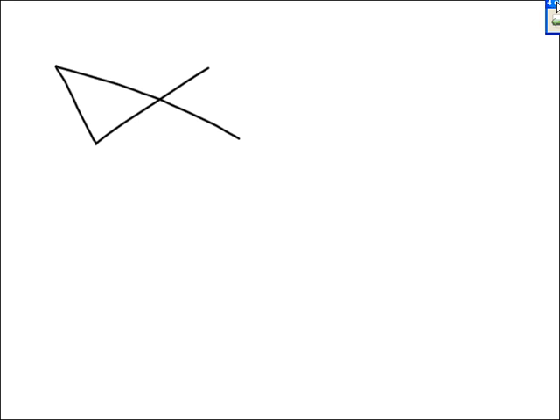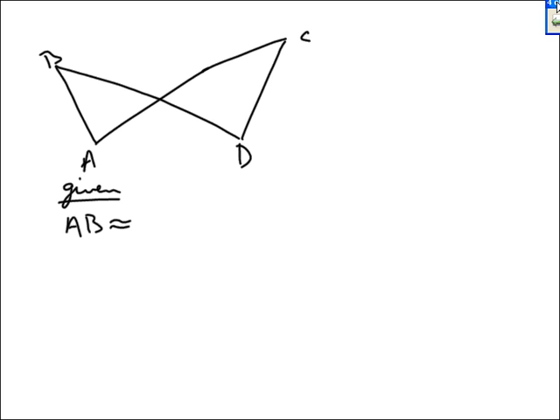Suppose you have something like this. Call it A, B, C, D, and you are told that, so this is given, you are told that AB is perpendicular to AC, and that BD is perpendicular to CD.